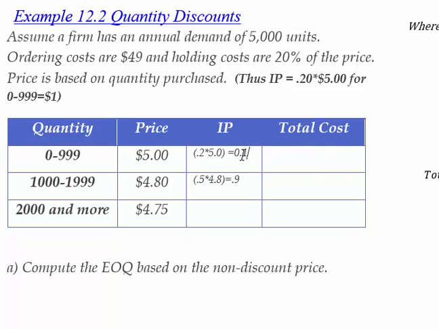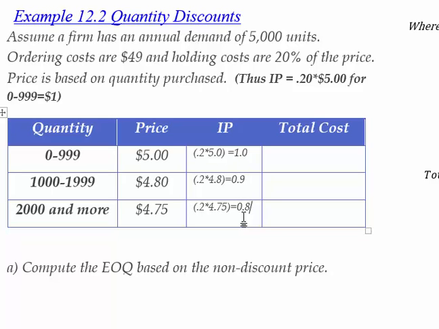And actually I misspoke here, this should be 1.0 and 0.9, and I'm going to put a 0 in here just to be better. And then down here, it's going to be 0.2 times 4.75, and I just saw that I had this as 0.5 and it really should be 0.2, so my bad there. So 0.2 times 4.75, which should equal about 0.8. So these are essentially the H's for the different price quantities.